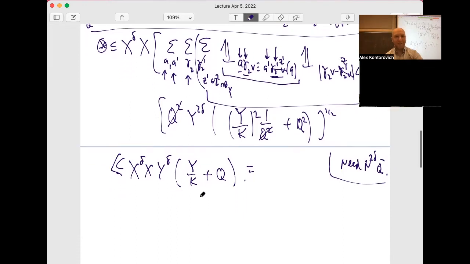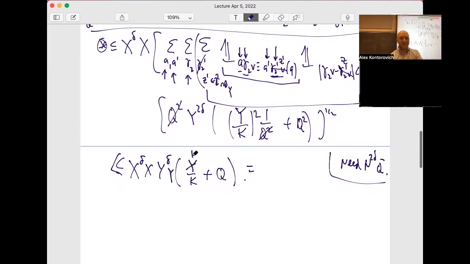So watch what's going to happen. Let me write this as, let me pull this y outside and put a 1/y. And let me pull this q outside here and put a 1/q.